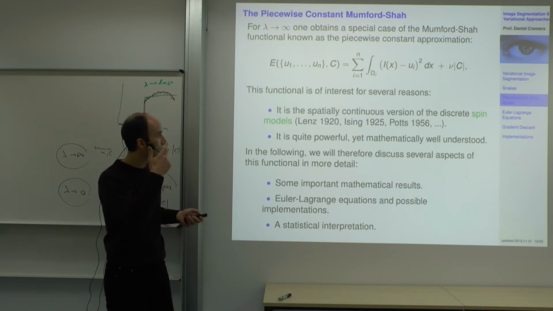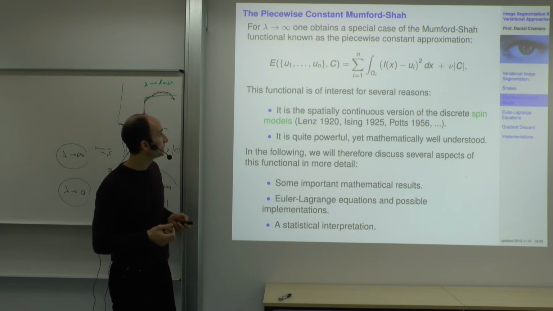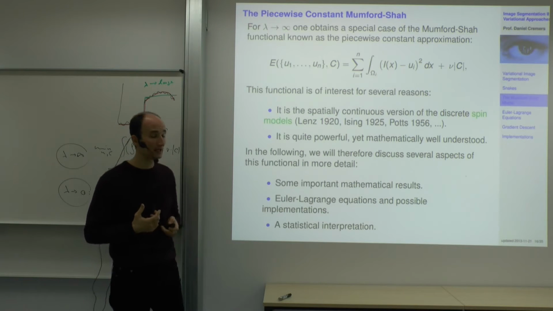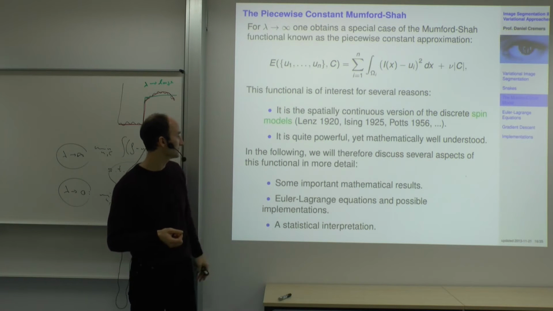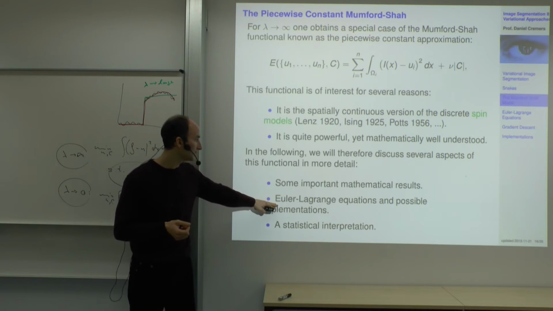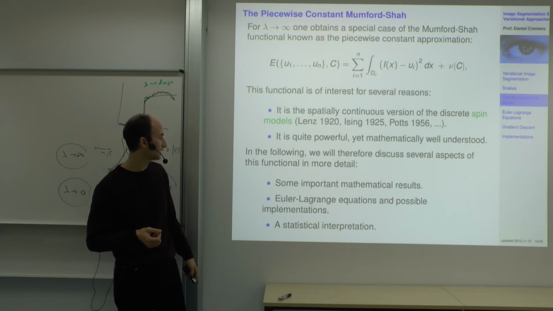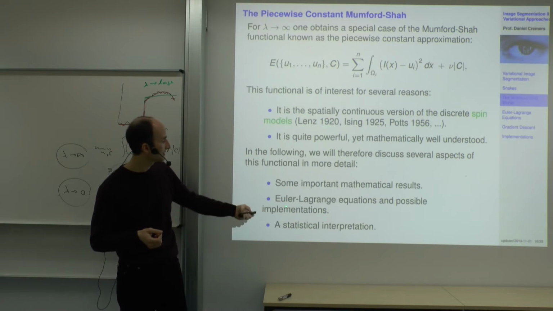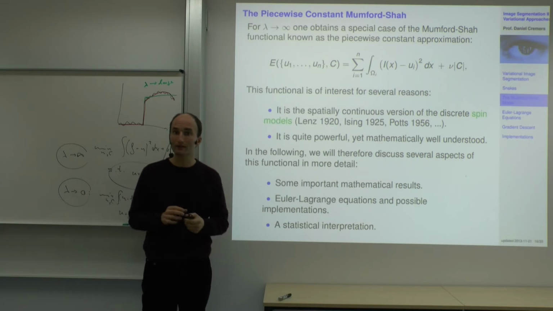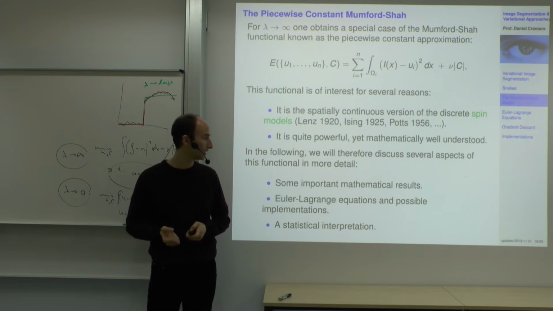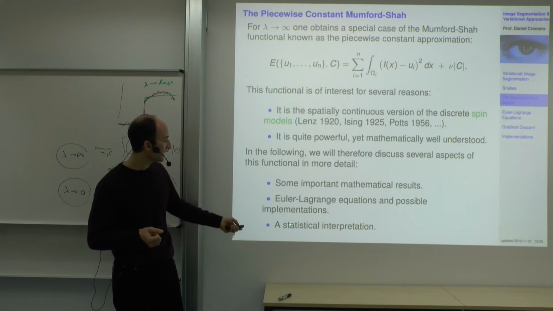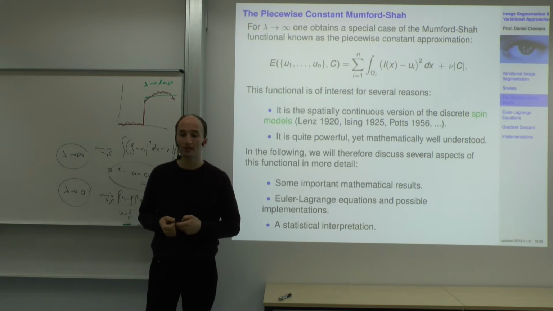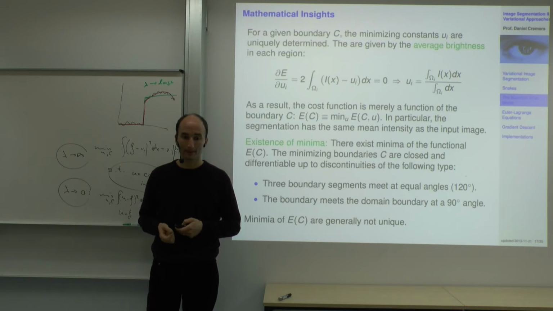Today we'll continue with the Mumford-Shah model, and we'll talk about some insights into the Mumford-Shah functional, some mathematical results that were obtained, then regarding minimization, the Euler-Lagrange equation, and we'll find that this is not as straightforward as the standard Euler-Lagrange calculus, and I'll show you in a second why. And then we'll come to statistical interpretations that allow a generalization to other domains.